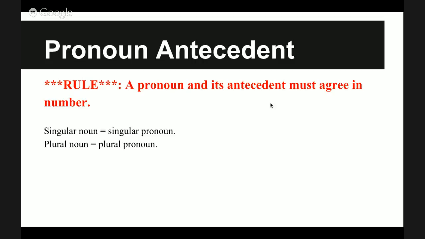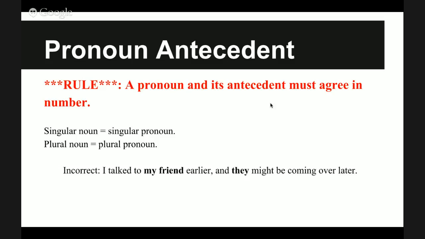Okay, so we have the neutral singular noun of pronoun being replaced by the neutral singular pronoun of its. So one important thing to keep in mind as we construct our own sentences is that when we use pronouns, they must agree with the nouns that they are replacing.